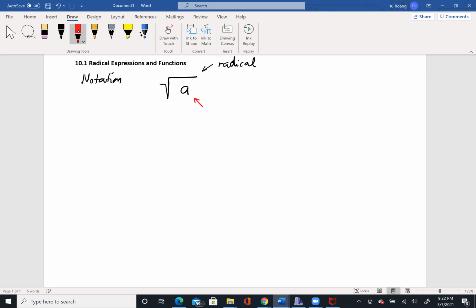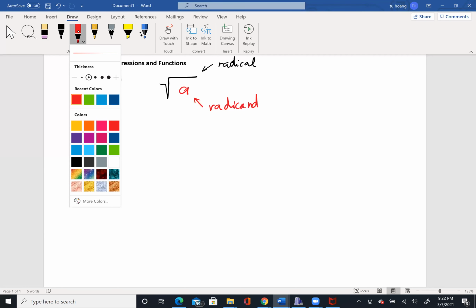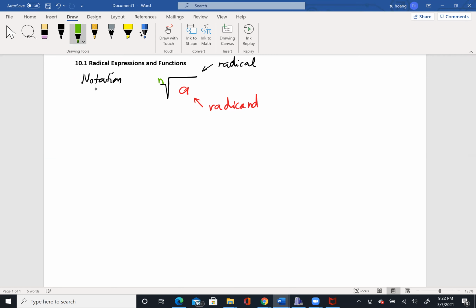So let me write it in red color. So it's radicand. Okay, and let's use other colors with an N over here. And N here is called index.